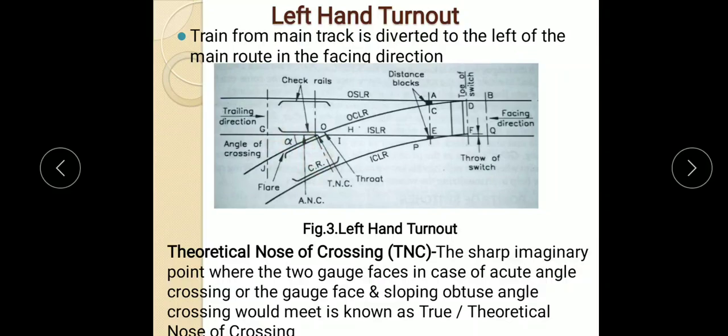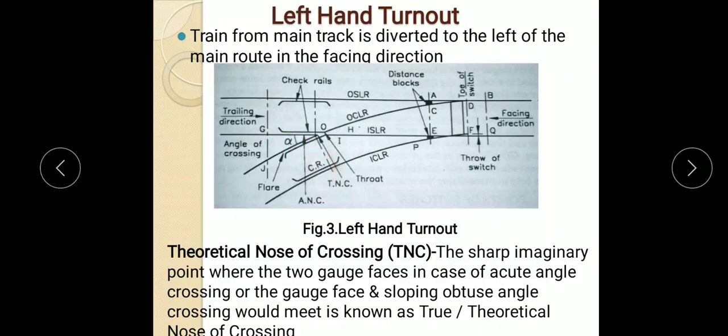The theoretical nose of crossing is nothing but a sharp imaginary point where two gauge faces, in case of an acute angle crossing, or the gauge face and sloping obtuse angle crossing, will meet, and is known as a true or theoretical nose of crossing. This is an imaginary point, and at this point two gauge faces meet. Here the gauge is the center to center distance between two rail sections for this main track, and for this diverging track this is the center to center distance.